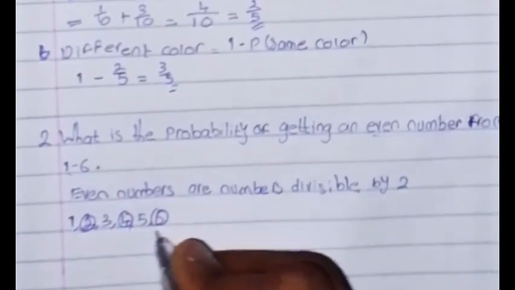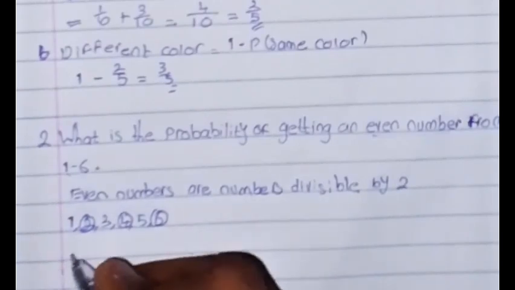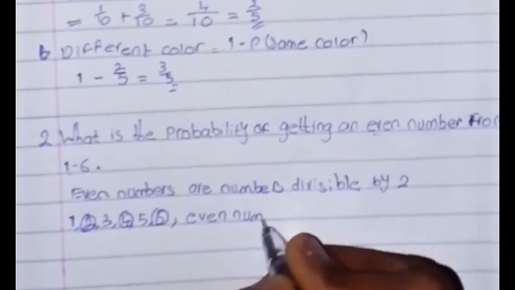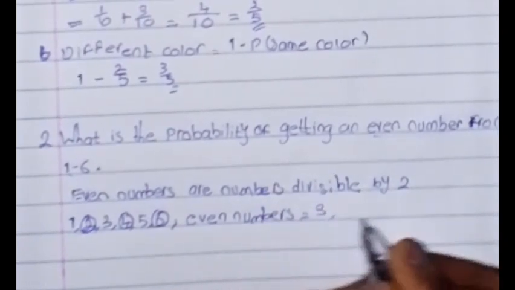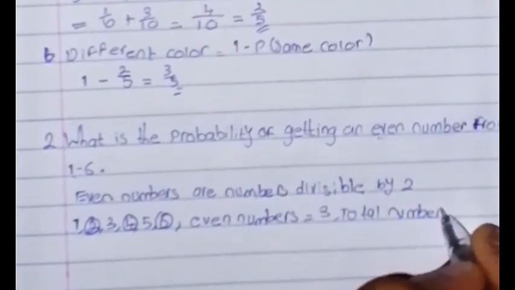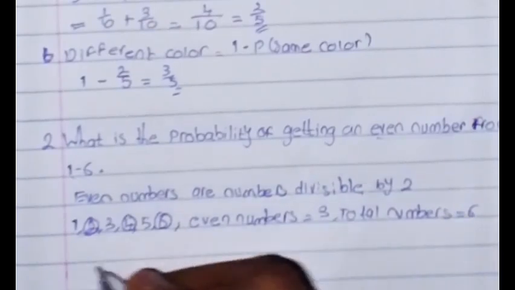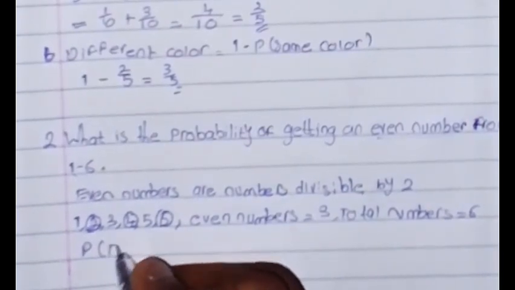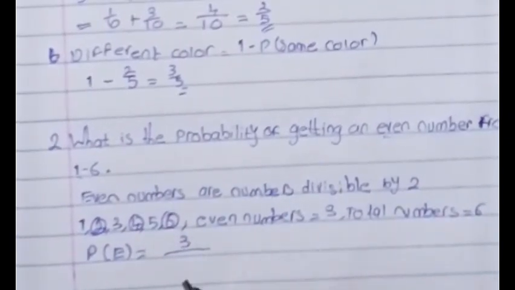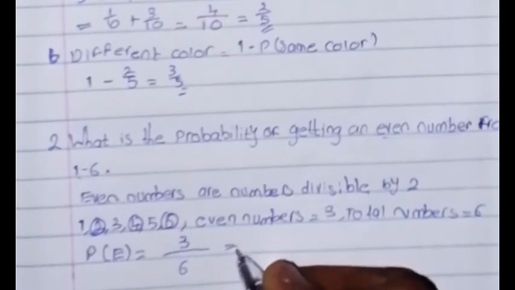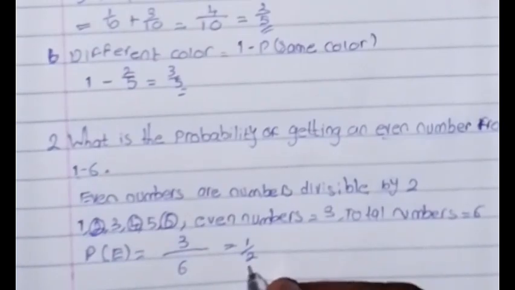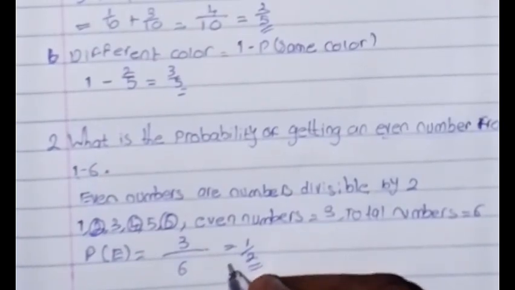So from this range of numbers, we have 3 even numbers, and total numbers are equal to 6. Now, the probability of finding an even number is the number of even numbers, which is 3, divided by total numbers, which is 6. 3 divided by 6, reduced to a simpler term, is 1 over 2, which is half. So that's the probability of getting an even number between the range 1 to 6.